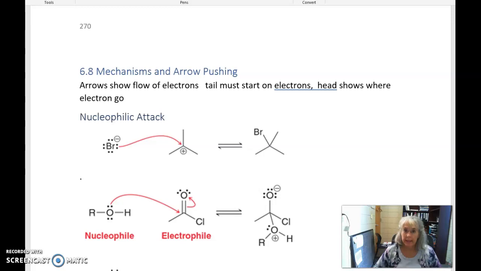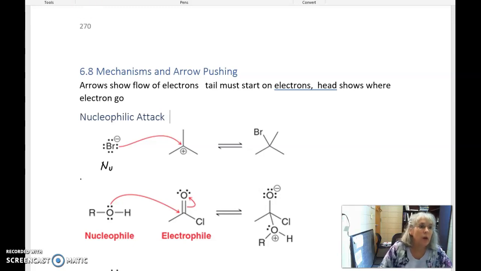You'll show mechanisms, which is just showing the electron flow by using arrows. The tail of the arrow must start on a source of electrons, and the head shows where those electrons go. So our first example, we've got bromine ion. This is our nucleophile.